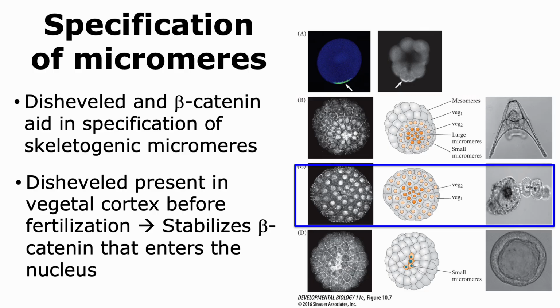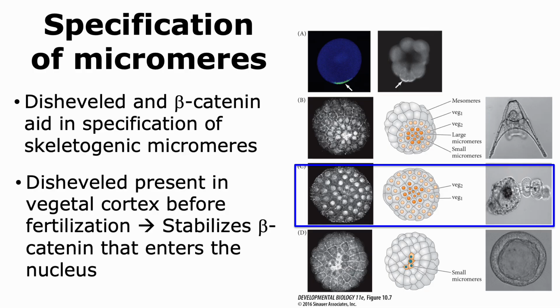If we treat the embryos with an agent that causes beta-catenin to enter the nucleus in all the cells, then what happens is when we look to the extreme right, we do see development occur, but we don't see a larva formed. What happens is we see more of endoderm and mesoderm formed.